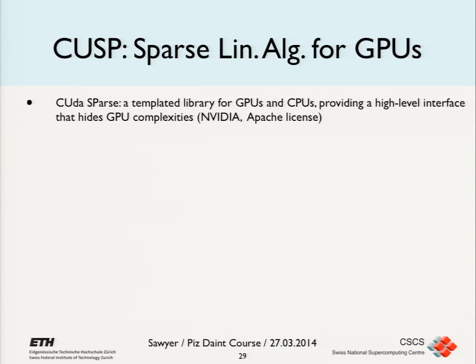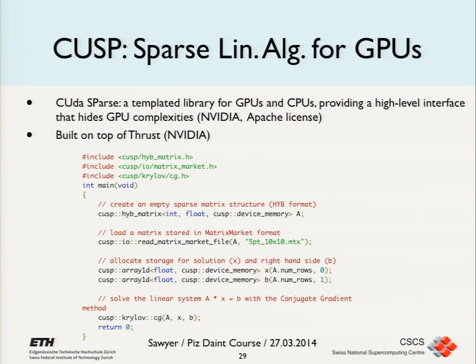So there's also a library from Nvidia, an open source initiative called Cusp, which tries to implement some of these iterative solvers, along with some fairly simplistic preconditioners. It's built on top of Thrust, and you'll see similarities to the previous example. Now you have an object which is a hybrid matrix, right?